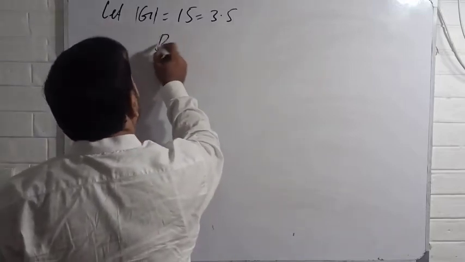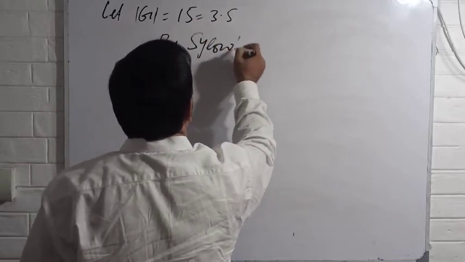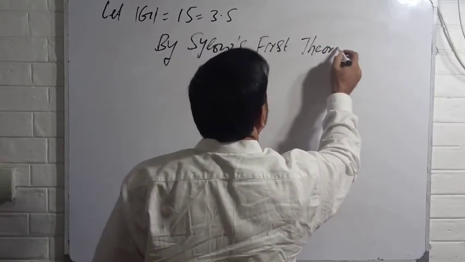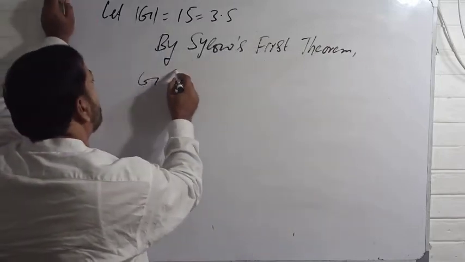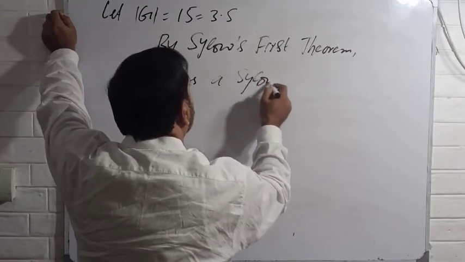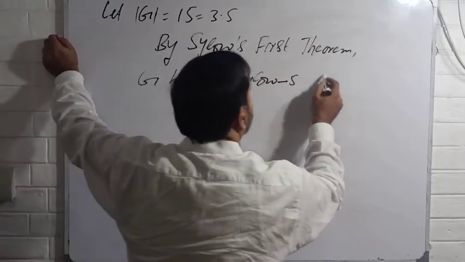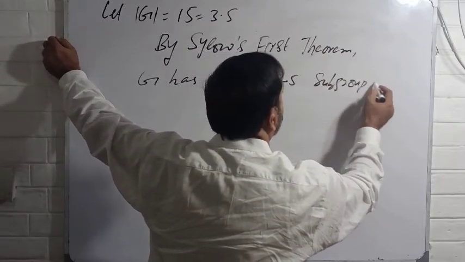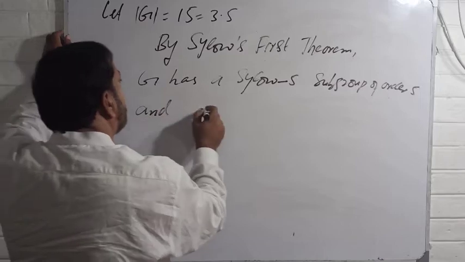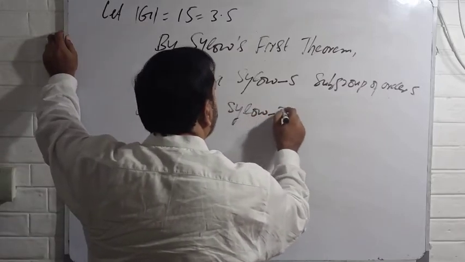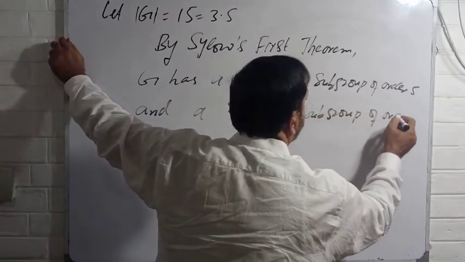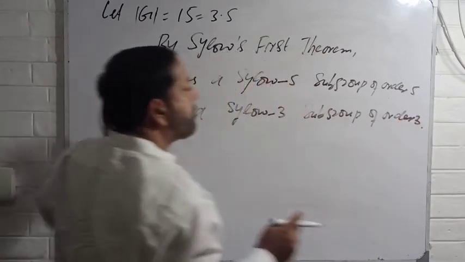So by Sylow's first theorem, G has a Sylow 5 subgroup of order 5 and a Sylow 3 subgroup of order 3, right?